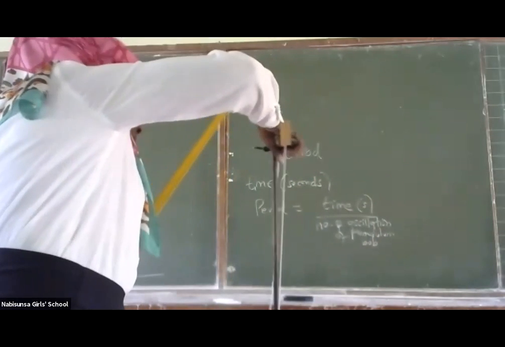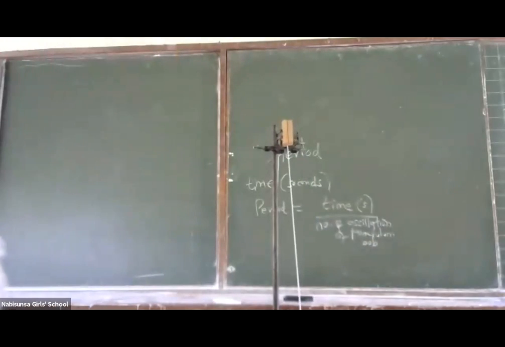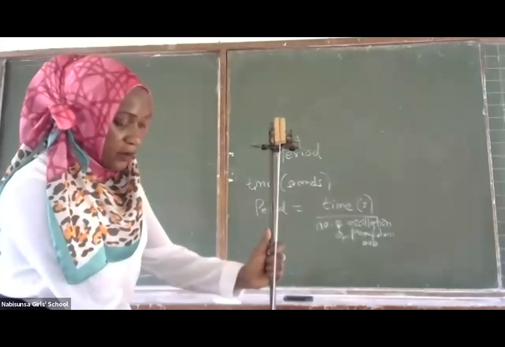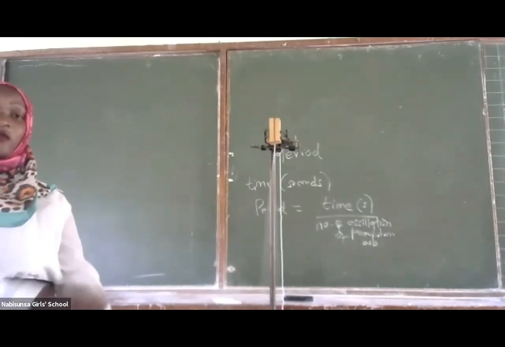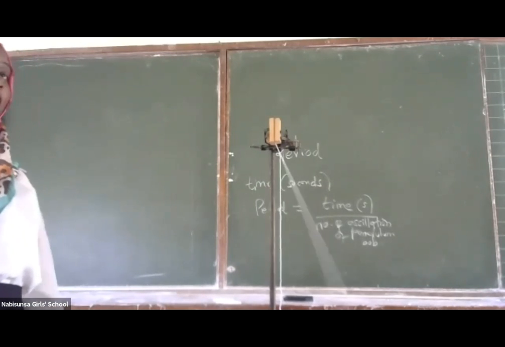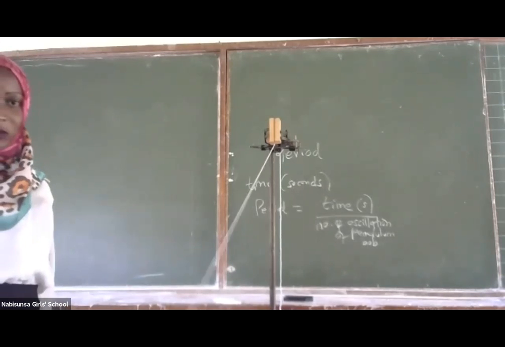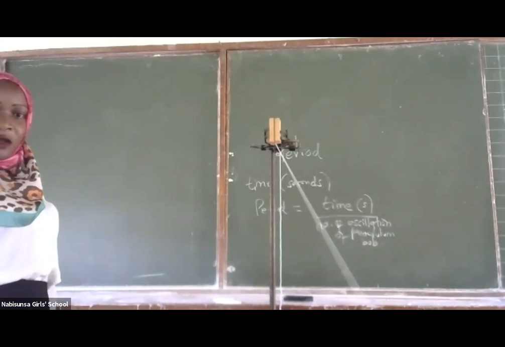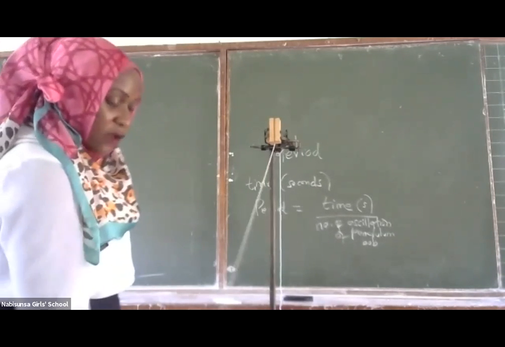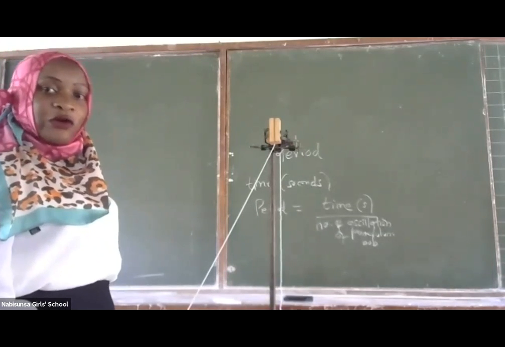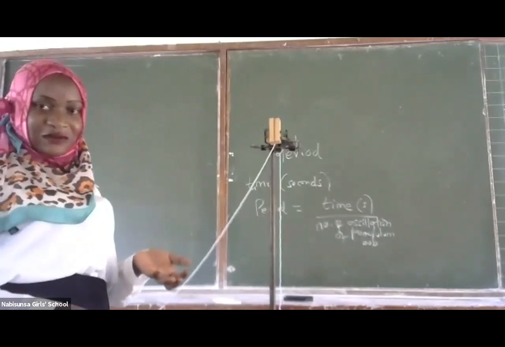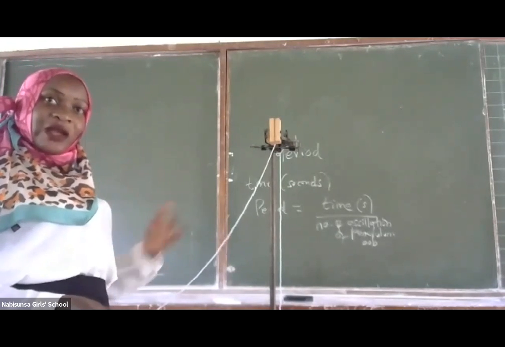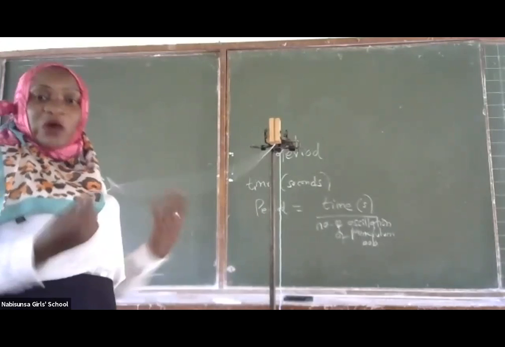For example, when I swing my pendulum bulb like this, it is oscillating, and it's making oscillations. If I want strictly 20 oscillations, I let it swing 20 times.